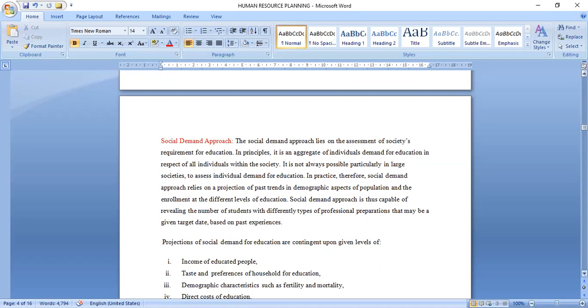You may find that in some societies, they treasure education, whereas certain societies do not take education as being important, right? So when organizations are carrying out human resource planning, they also have to study the societies they are in.